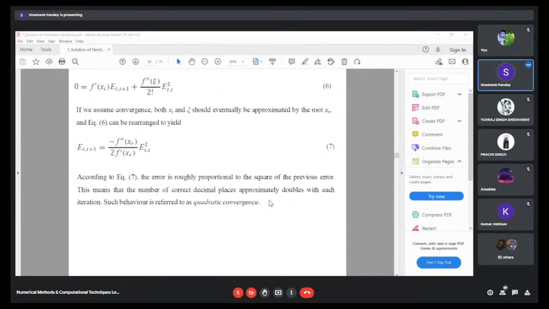If you are not able to derive it, then I will derive that also, but that is pretty simple. And this computation of the error is never asked in your exams. Only thing is that somebody asked, that's why we are discussing what the convergence criteria for these methods are.